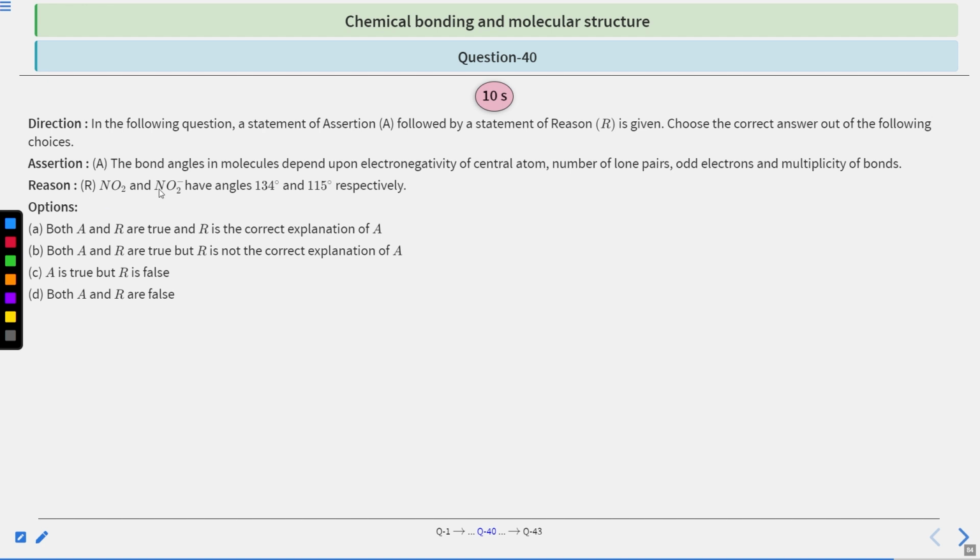Reason: NO2+ and NO2- have angles 134 degrees and 115 degrees respectively. Options are: both A and R are true, and R is the correct explanation of A; both A and R are true, but R is not the correct explanation of A; A is true, but R is false; both A and R are false. You have 10 seconds to solve this question. After that, we will see the answer.